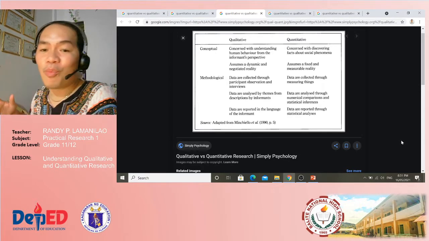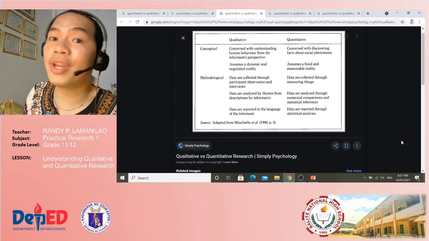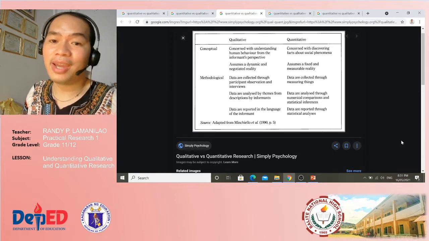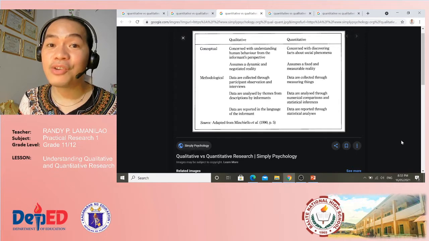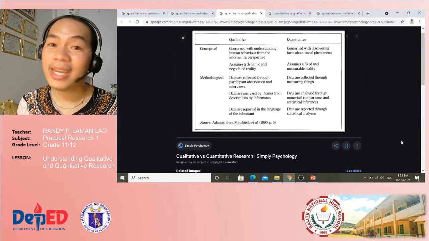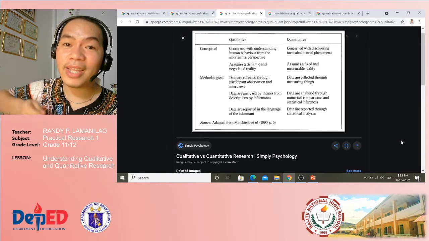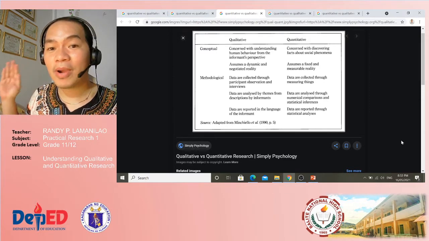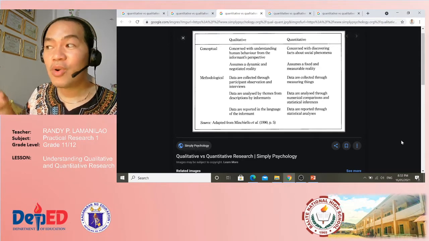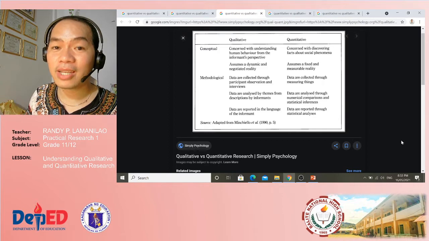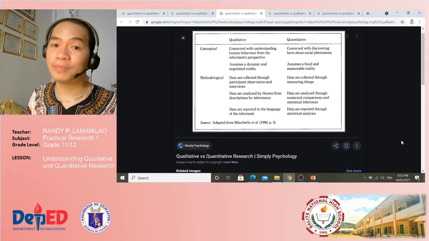Kapag naman quantitative, fixed yun. Kasi ang 3 hindi pwedeng gawing 4. Okay? Ang 2 hindi pwedeng gawing 1. Quantitative nga, numero yung pinag-uusapan, hindi yun change. Kesa sa qualitative, pwede mo pa yun change, depende sa kung paano sinasagot ng informant mo or ng interviewee mo ang iyong mga tanong as a researcher.